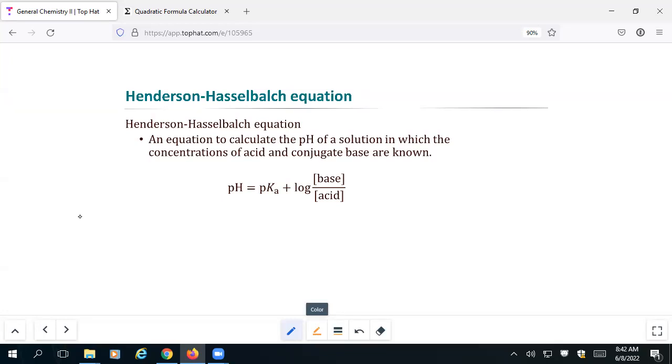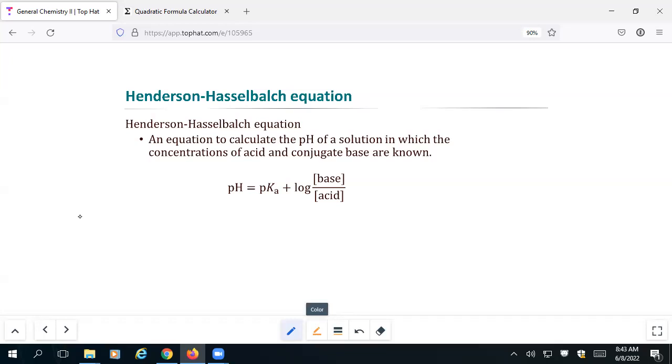In a situation where we are seeing the common ion effect applied to an acid-base system, what we can apply is something called the Henderson-Hasselbalch equation. And the Henderson-Hasselbalch equation will generate for us a pH of a solution, provided that we have concentration values of the conjugate base and the conjugate acid.